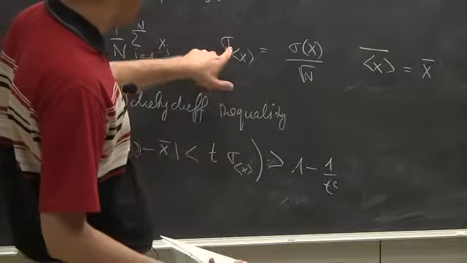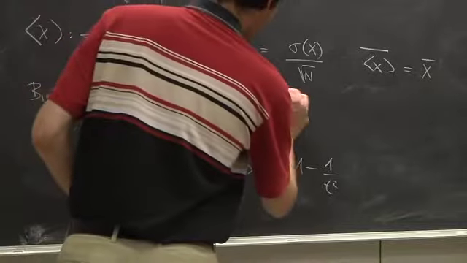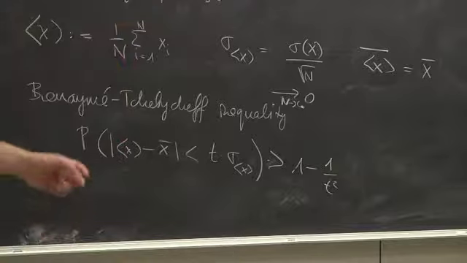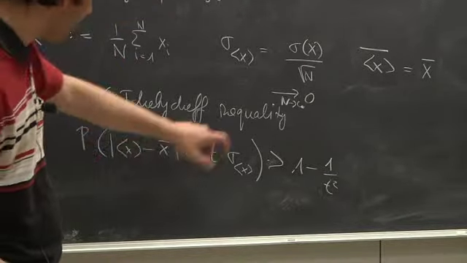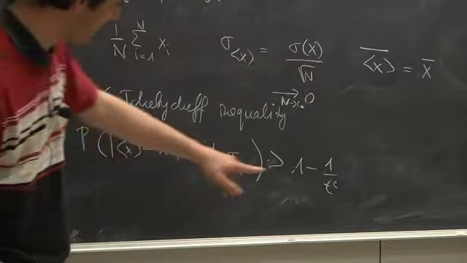Now, since this sigma of x bar tends to 0 when n goes to infinity, you see that the probability of coming within 1 over square root of n of the true average is essentially 1.